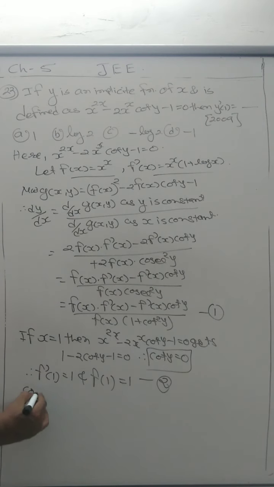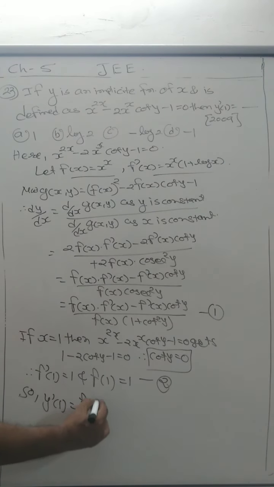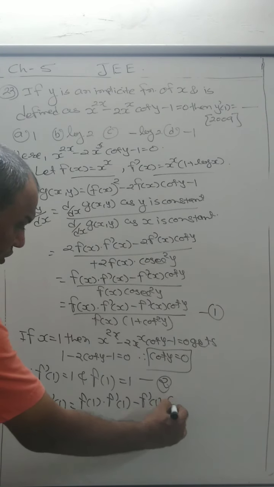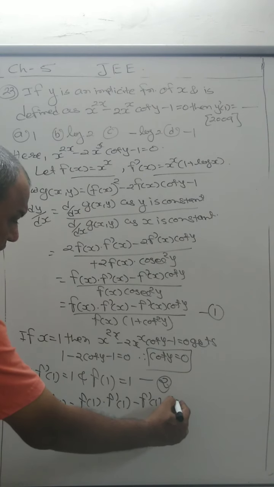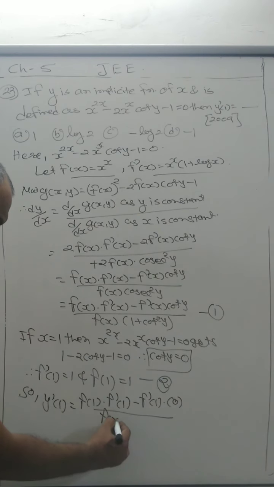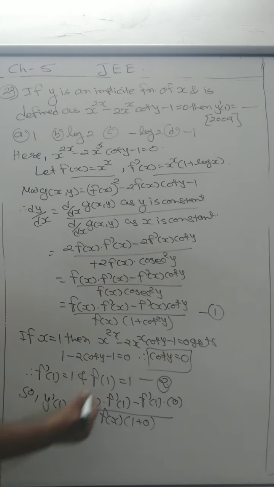So dy upon dx or y dash 1 is equal to f1 into f dash 1 minus f dash 1 into cot y, which is 0, upon fx into 1 plus 0. So this way f1 is 1, minus means 1 upon 1, it is 1. So our final answer is A, it is 1, but here one thing is there.